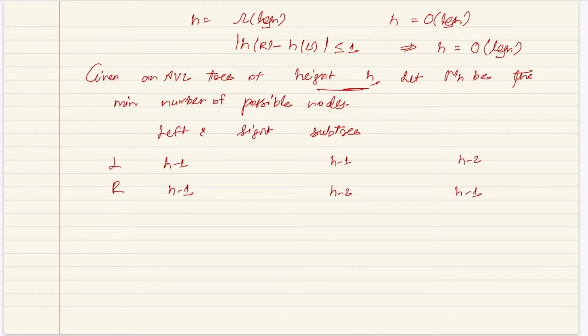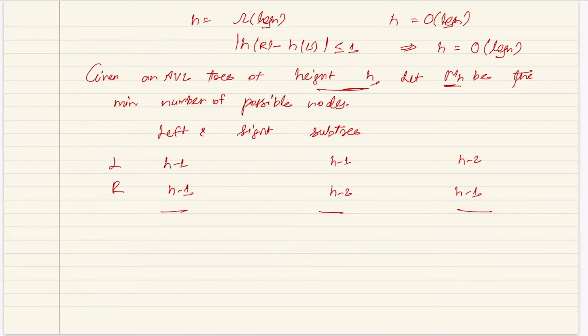And let's say MH in general denotes the minimum number of nodes an AVL tree of height h will take. Now among the three possibilities, which one would have the minimum number of nodes?